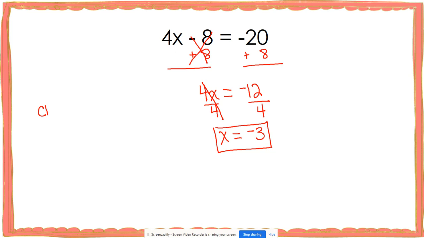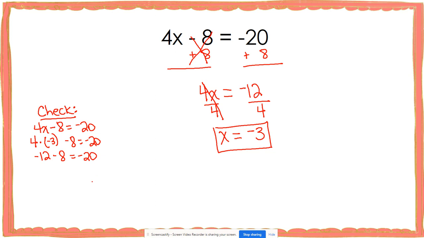Remember, when we have an equation, we can always check our work by plugging in our solution to our original equation. So our original equation said 4x minus 8 equals negative 20. I can plug in negative 3 for x to see if this works. So I would write 4 times negative 3 minus 8 equals negative 20. 4 times negative 3 is negative 12, and then I rewrite the rest of the equation.